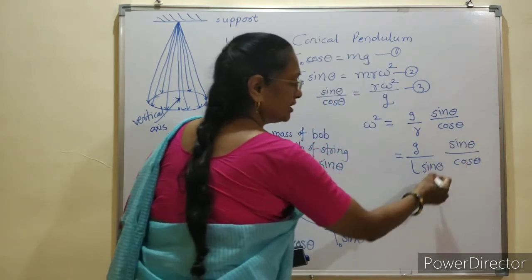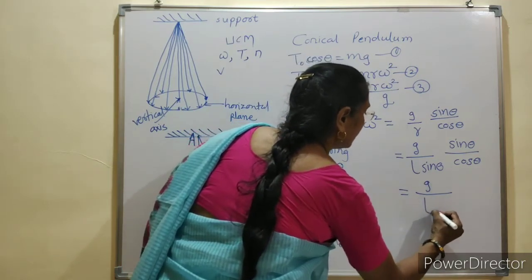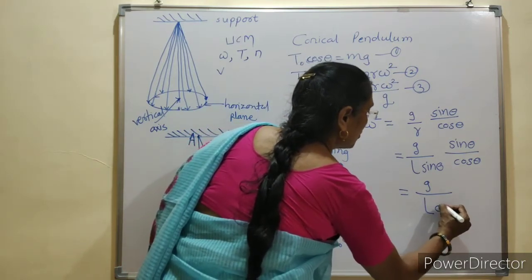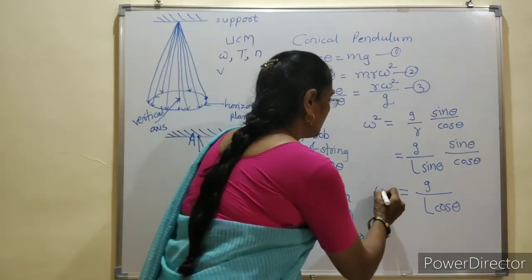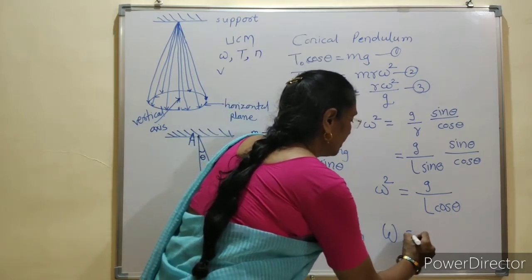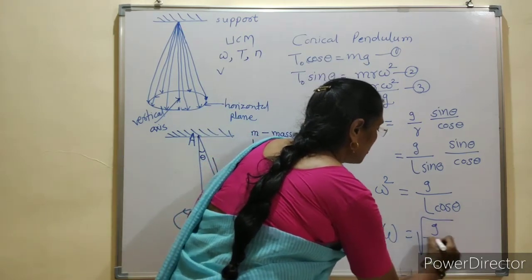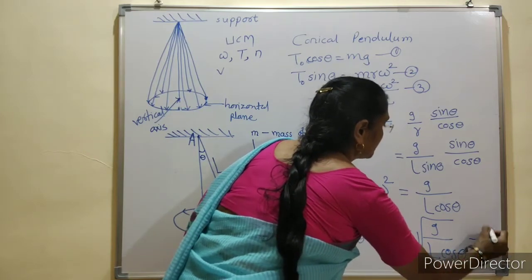Here sin theta gets cancelled. We get right hand side as g upon L cos theta. So this is for omega square. So omega becomes under root g upon L cos theta. This is our equation number 4.